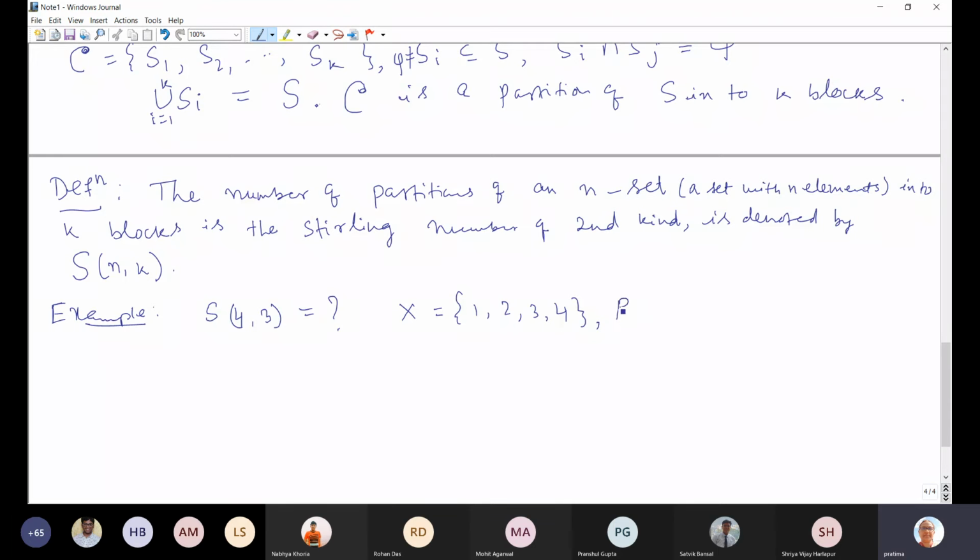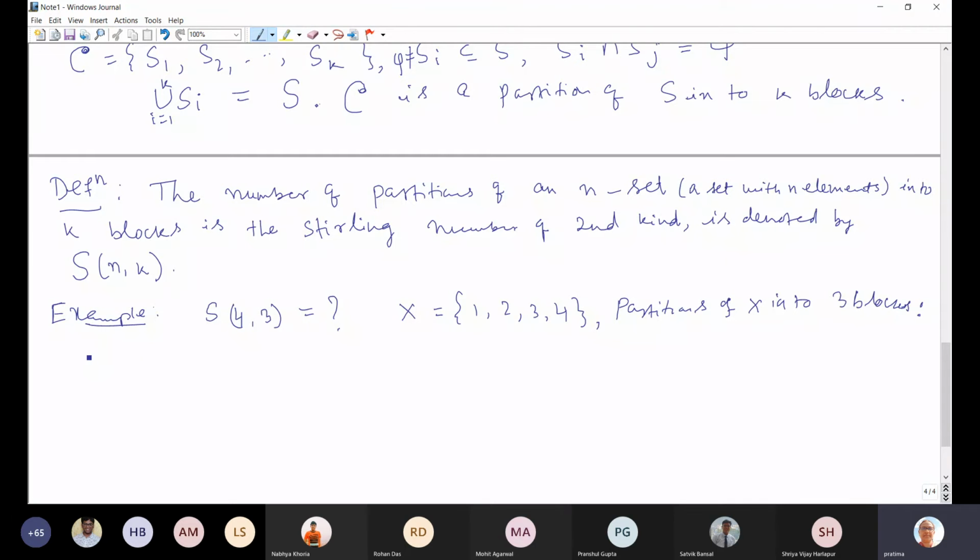How many partitions of X into 3 blocks are there? You are having 3 blocks, so how can you partition this?